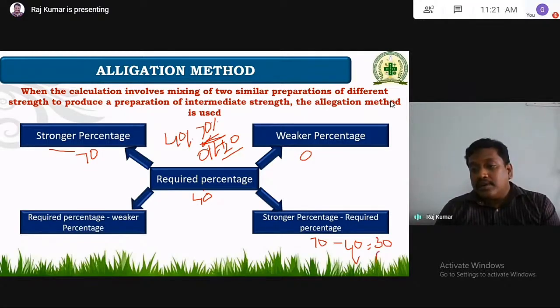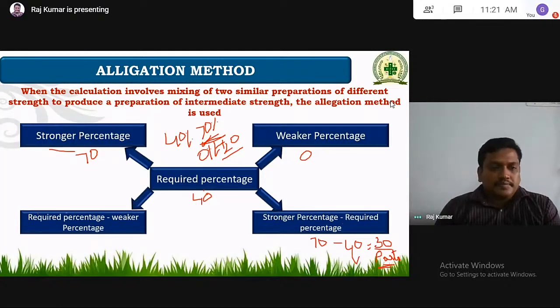Remember that whatever you are getting here is parts, not grams. Stronger percentage of alcohol or any solution, you have to subtract the required percentage from it. Stronger minus required, then you will get 30 parts.